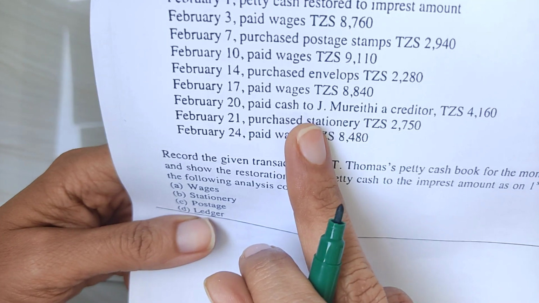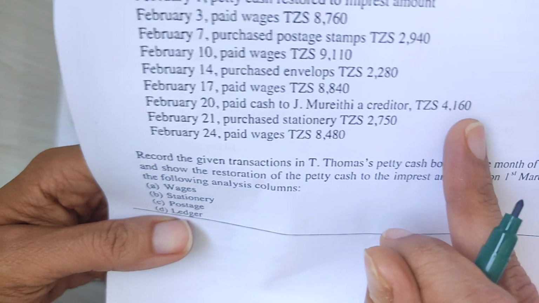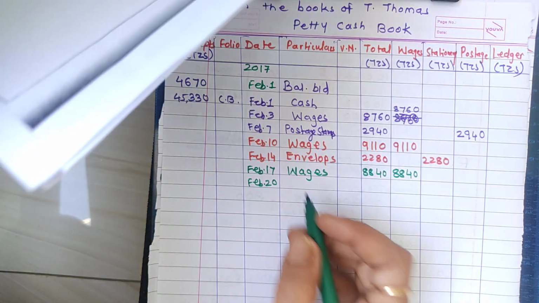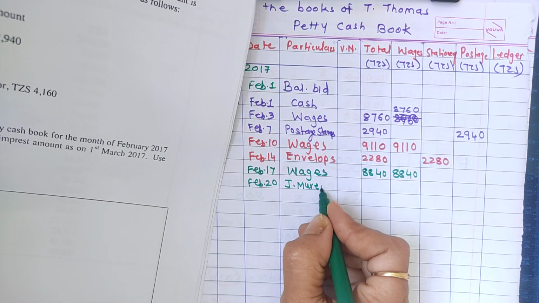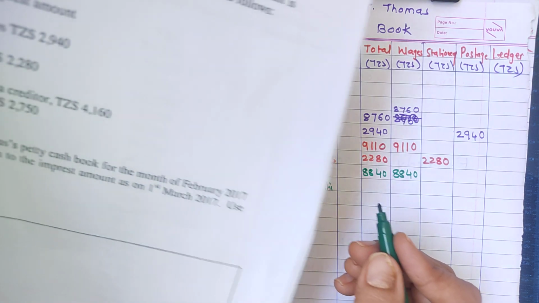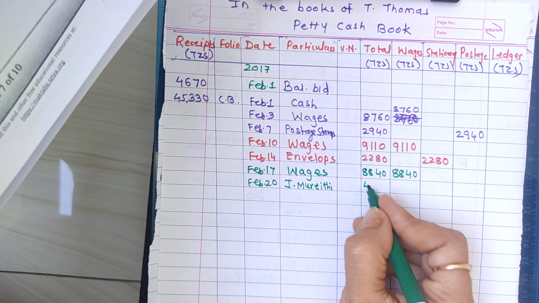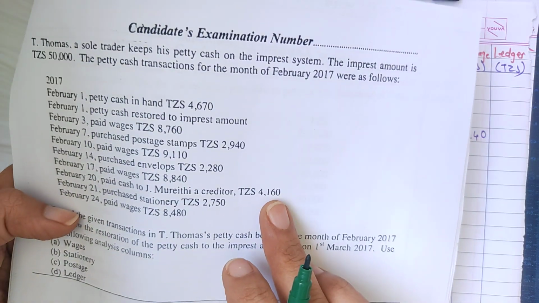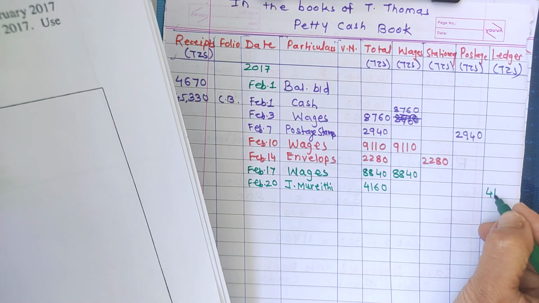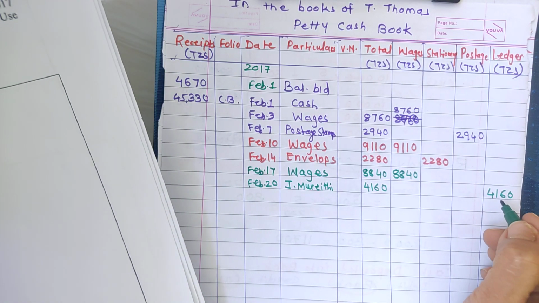Feb 20, now what is given? Paid cash to Mr. J, a creditor, 4160. So you have to write down the name, Mr. J Muriati. The amount is 4160. Write in the total column. When we are paying to someone, there is a column at the end, ledger. So you have to write down that amount in the ledger column.